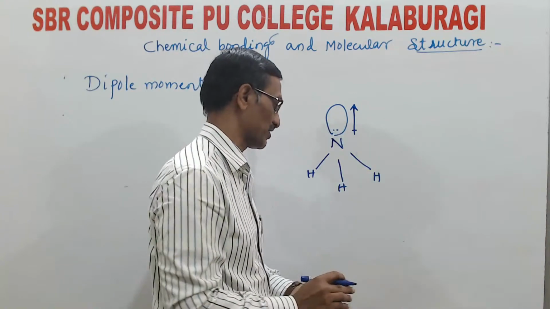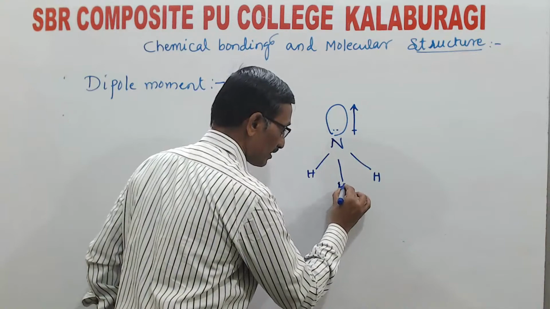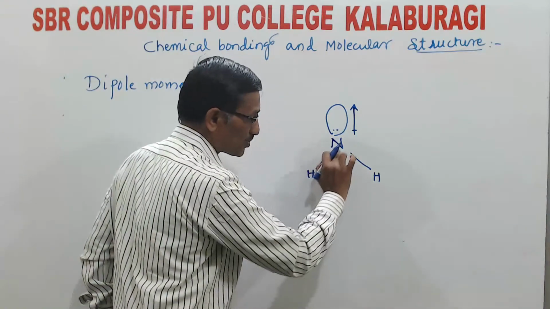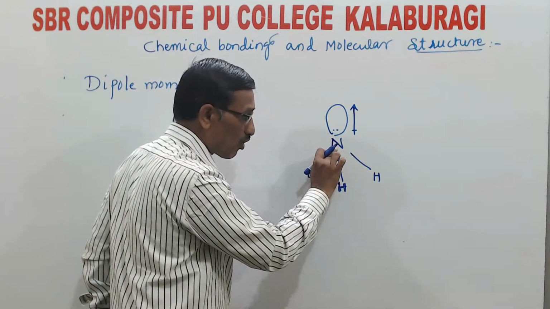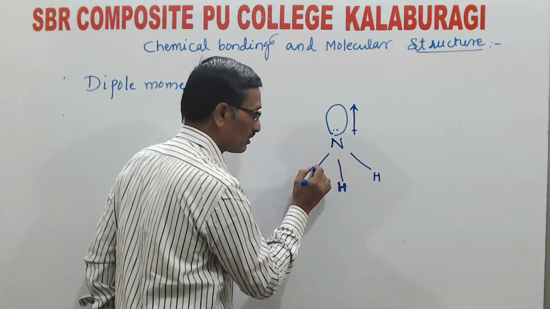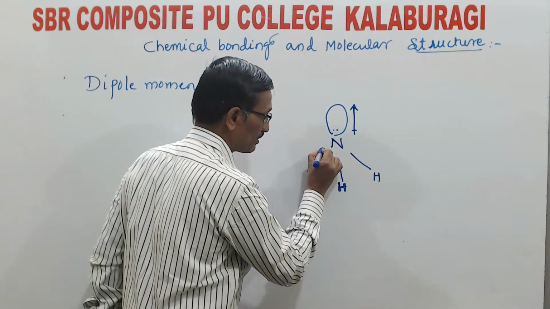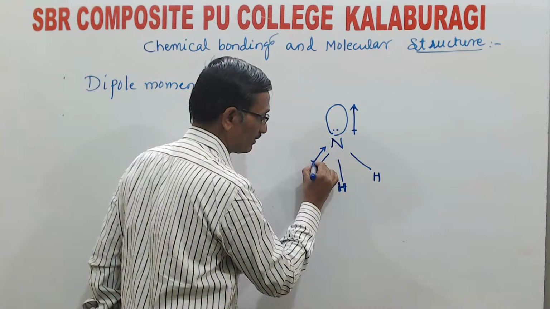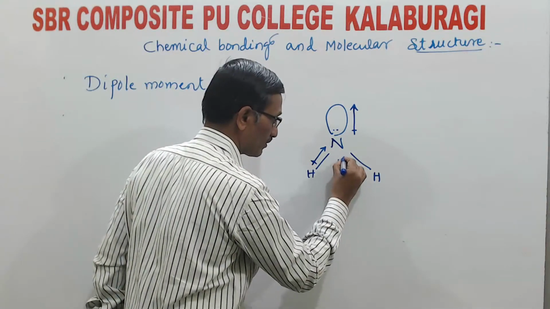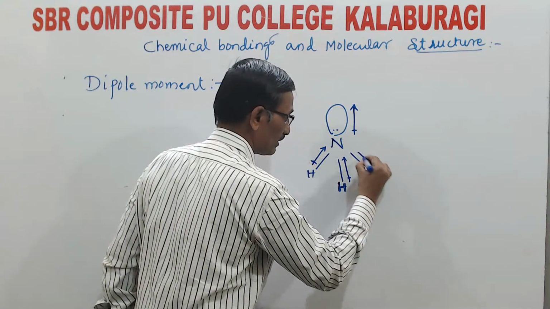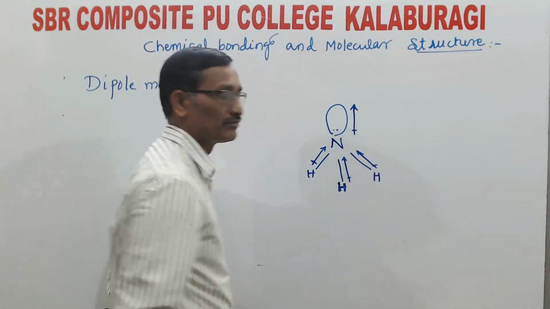This is the representation. But in this case, see here, if you are going to consider hydrogen and nitrogen atom, which is more electronegative? Nitrogen. The point of showing the directions here: 1, again 2, again 3, like this.